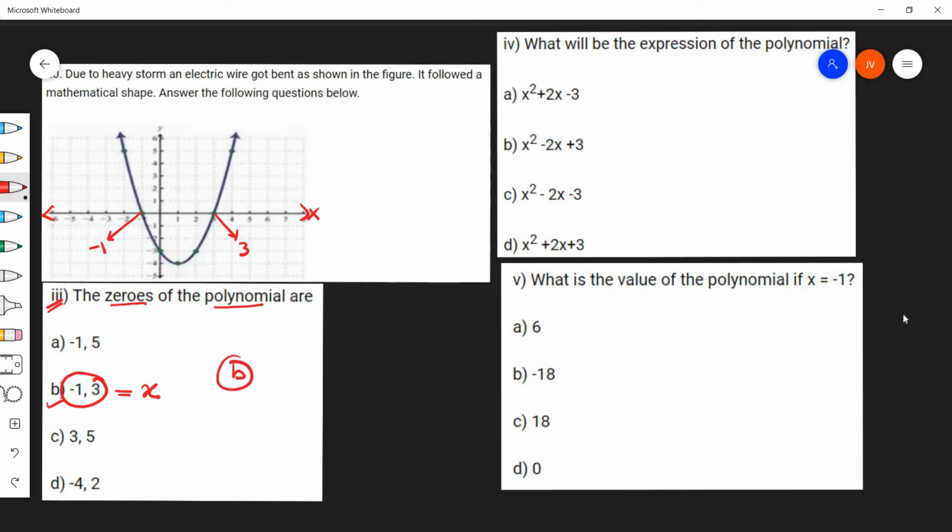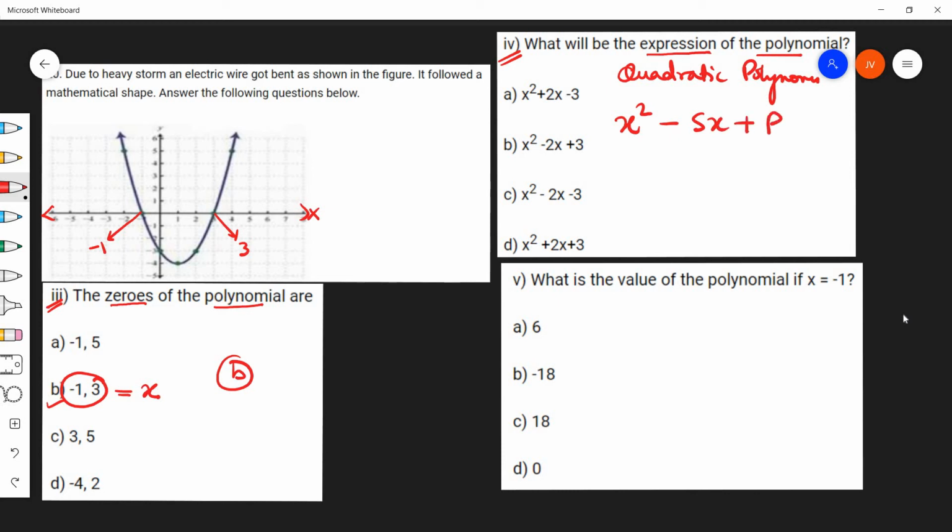Let us see the fourth bit. The fourth bit is: what will be the expression of the polynomial? That means using the zeros we have to form the polynomial. Because there are 2 zeros, the polynomial has to be a quadratic polynomial. So the required quadratic polynomial is x square minus sx plus p.